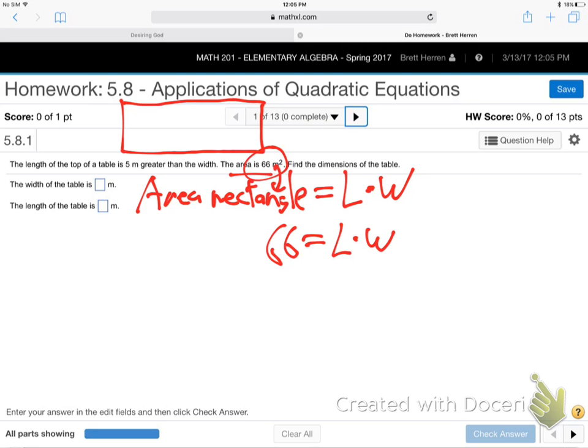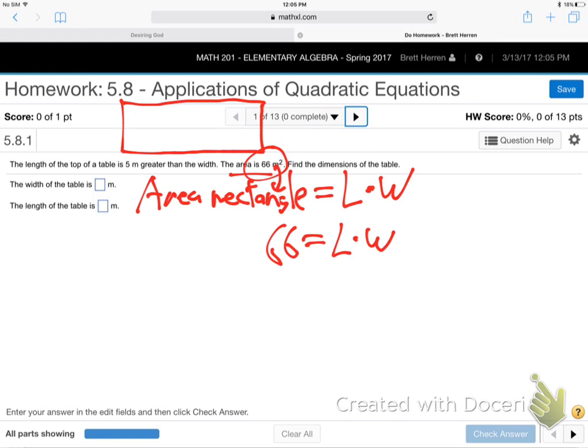Now, what am I going to do with the L and the W? This is kind of weird. We have 2 letters, and we don't want 2 letters. We want 1 letter. Remember what we learned earlier when we did word problems. What do we always do when we have 2 slots, 2 letters?